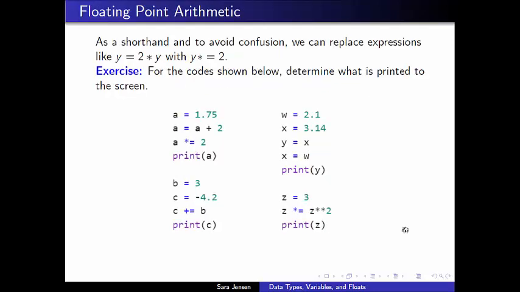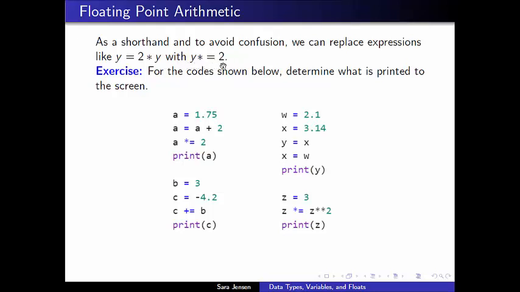Because lines like the previous page, y is equal to 2 times y, can be a little bit confusing, with a y on the left and a y on the right, and this isn't mathematically what you mean in a computer science context, there's an alternative shorthand that you can use, which is to say y times equals 2.